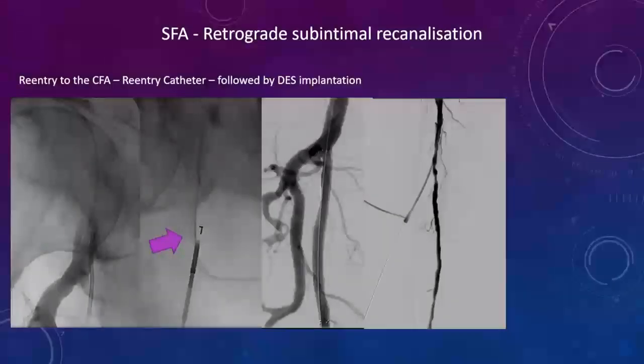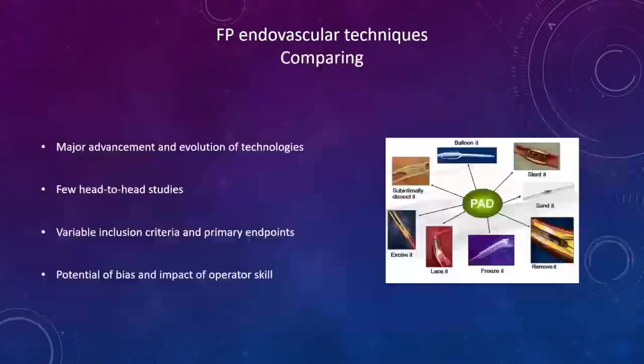So from the retrograde access, we used the re-entry catheter, which is equipped with a needle. So you can point yourself back into the true lumen at the origin of the vessel. So again, you can save your day by doing it in a retrograde fashion, followed by drug-eluting stent technology.